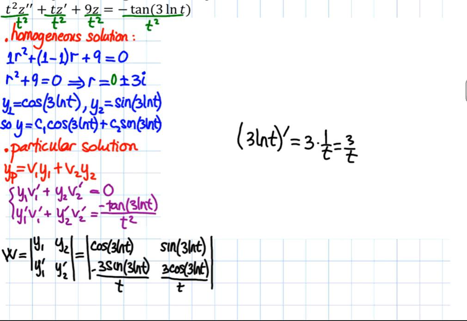The 2 by 2 determinant is going to be 3 over t cosine squared of 3 ln(t) plus 3 over t sine squared of 3 ln(t). Cosine squared plus sine squared is 1, so we just have 3 over t. So that is W.